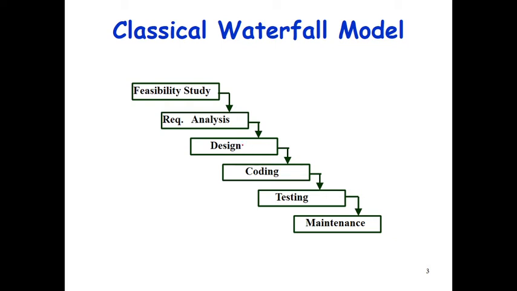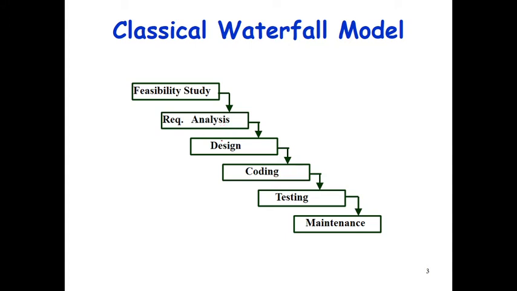Suppose you are designing the protocol, and when you are designing it you find a problem in the design phase, then okay, you can solve the problem. But if you find a problem in the requirement analysis phase, then you cannot come back.